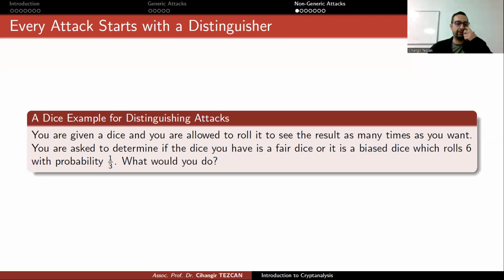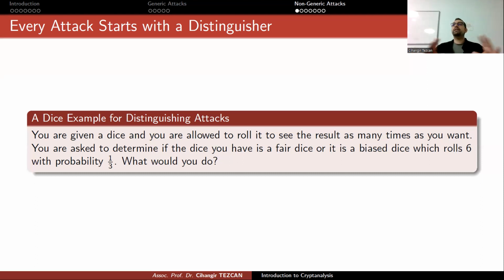So if you roll it n times, for the fair dice, you will expect to see n/6 many 6s. And for the biased dice, you expect to observe n/3 6s. Because in the binomial distribution, the expected value is n times p, where p is the probability of the success.